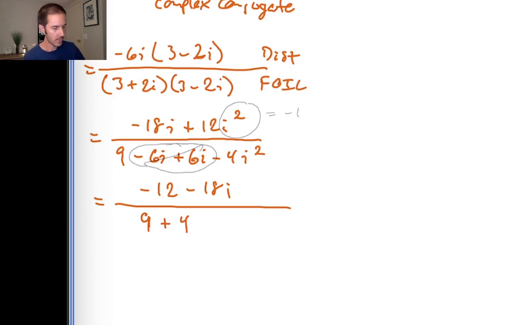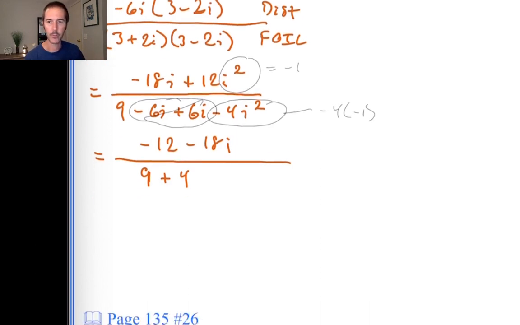And if you want to use your other writing utensil and put a note that this really says -4 times -1, which is what turns it into a +4, so that we can add it to the 9. Frame it up however you want so that it'll make sense to you not just now, but also later when you're reviewing your notes.